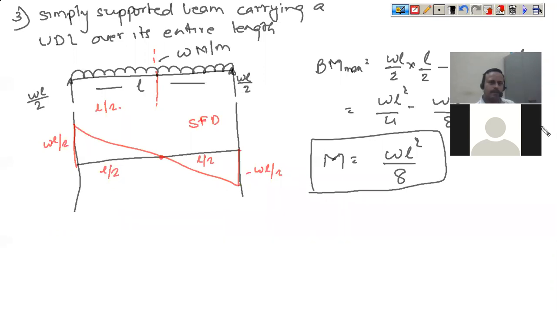Okay, so this is everything related to the bending equation, and now we'll be solving one numerical today. What you need to keep in mind is that things in second year and third year will differ. The topics that are repeated are, one, bending stresses, and the second one is torsion of circular shafts.